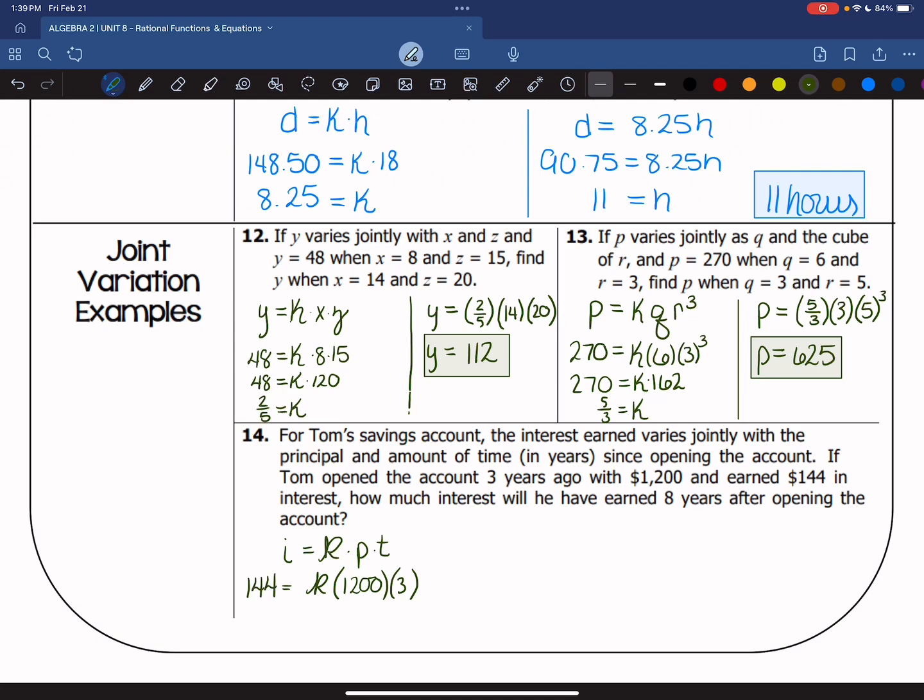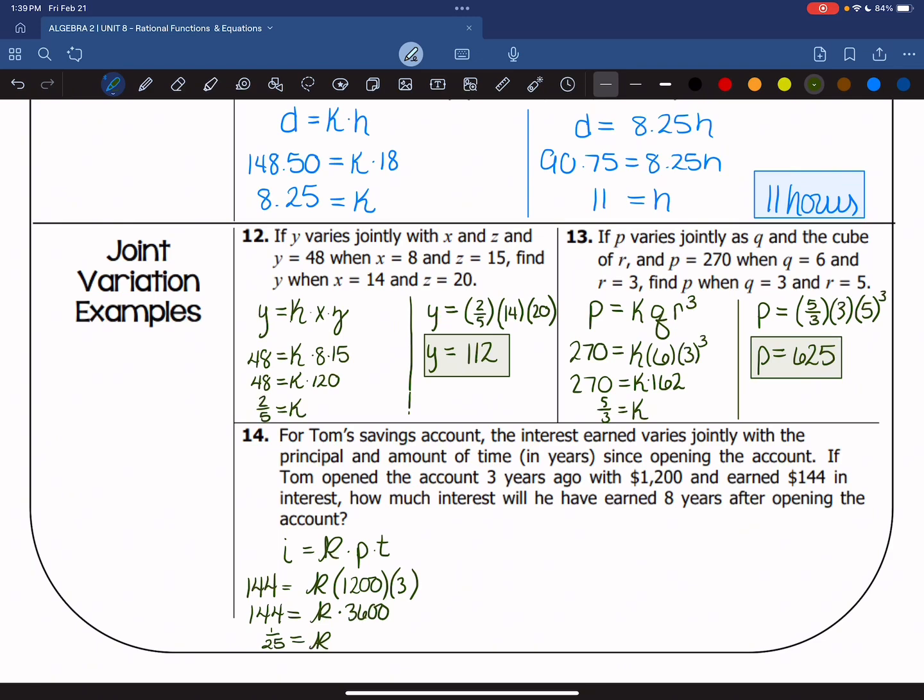Now we can find that constant K and be able to find out the results after 8 years. So if I find the product on the right side, this is going to be K multiplying with 3,600. And when we divide each side to get K by itself, that gives me that my K value is 1/25.